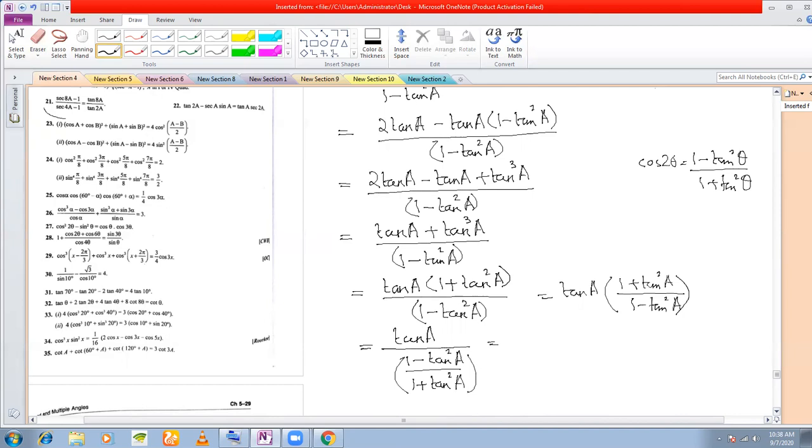So now I'll use this formula. 1 minus tan square by 1 plus tan square is cos of twice the angle. So this I get tan a by cos 2a, which is tan a into 1 by cos 2a.